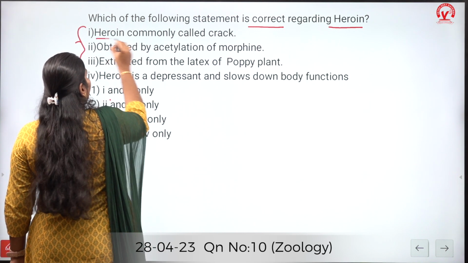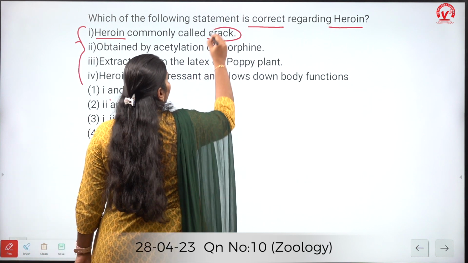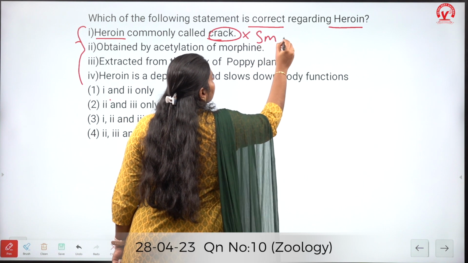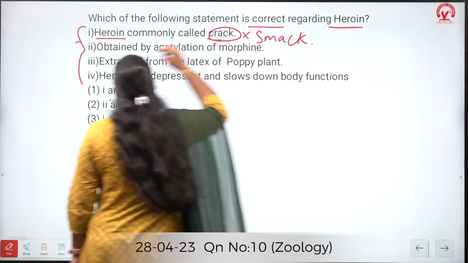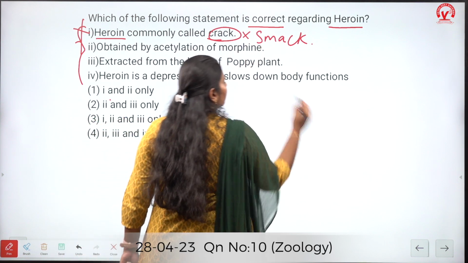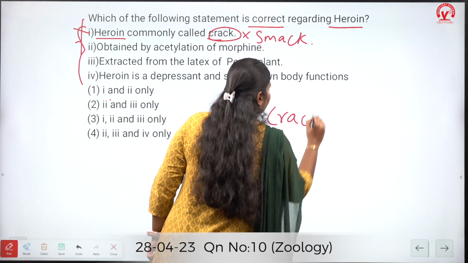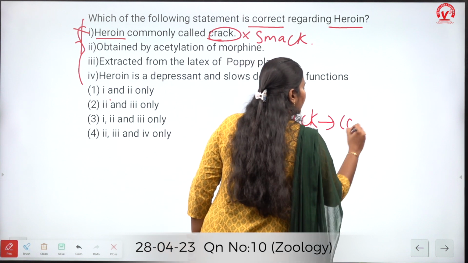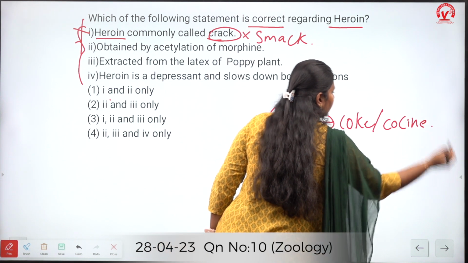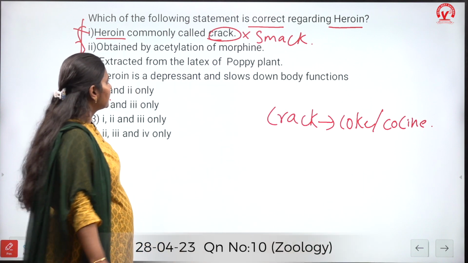First, heroin is commonly called crack, but heroin is commonly called smack. So option 1 is incorrect. Crack is also called coke or cocaine. So the first option is wrong.